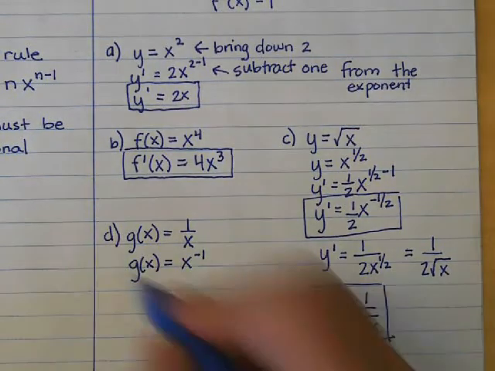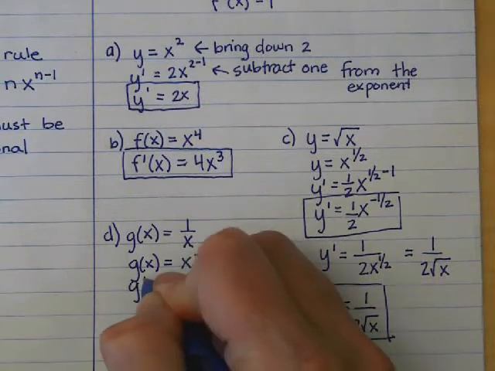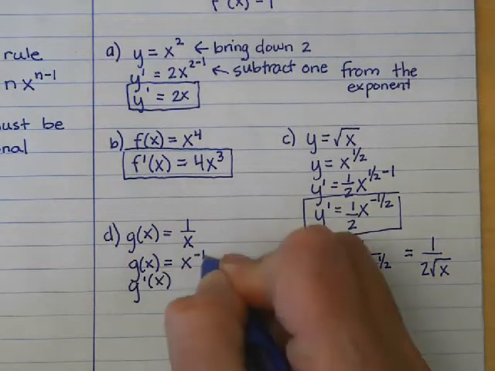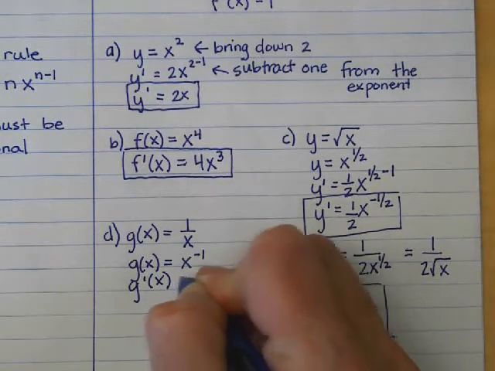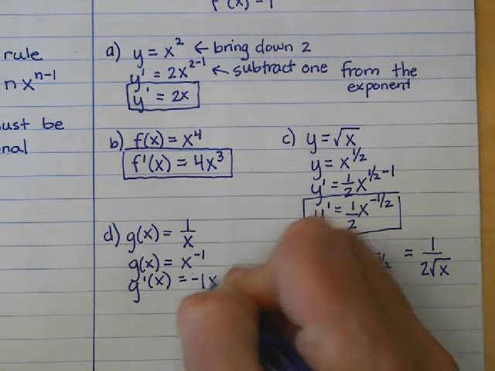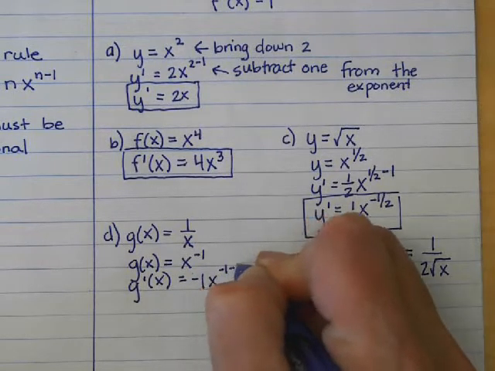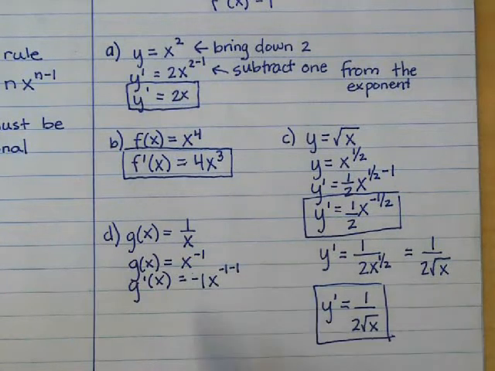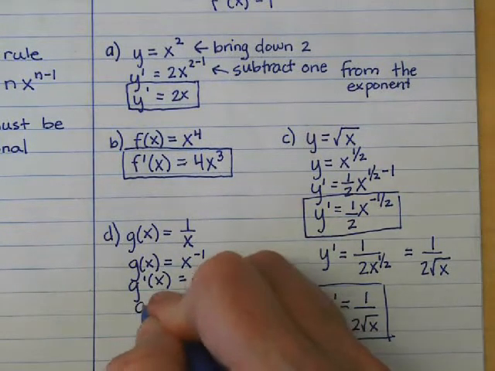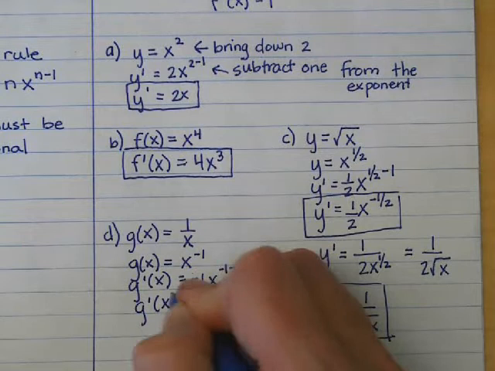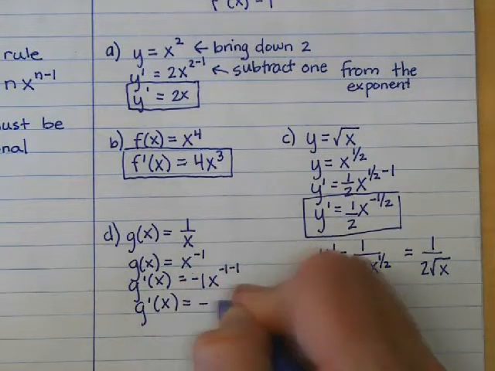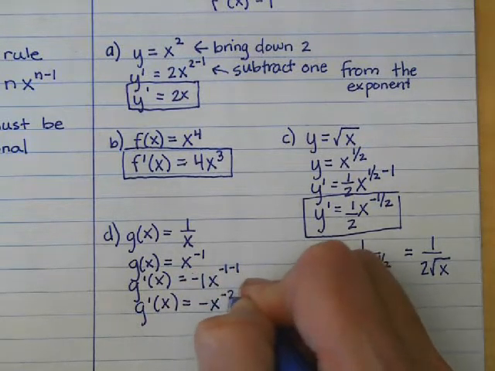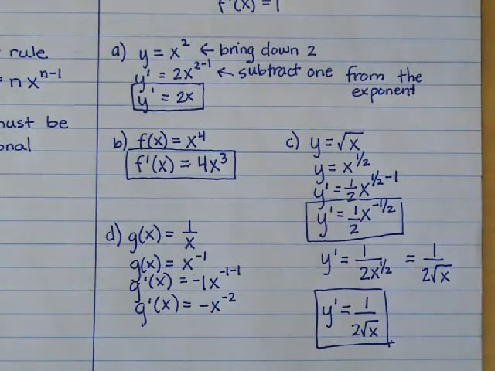Okay, so now I'm going to find the derivative. So I'm going to write g prime of x. I'm going to bring the negative 1 down. Okay, so I'm at negative 1 and I have to subtract 1. And normally you don't necessarily have to show all of this. At first, it's helpful when you're just getting used to these to see where everything came from.